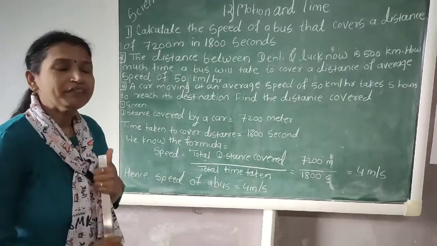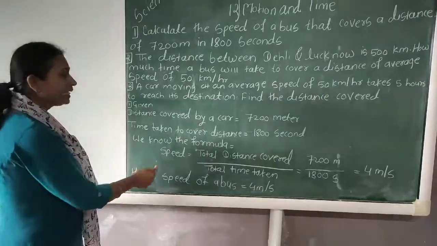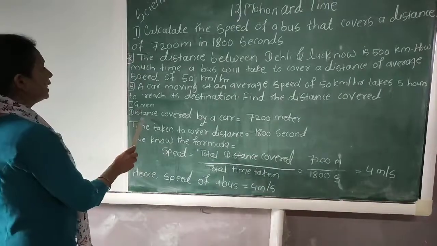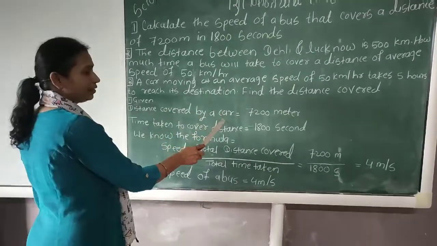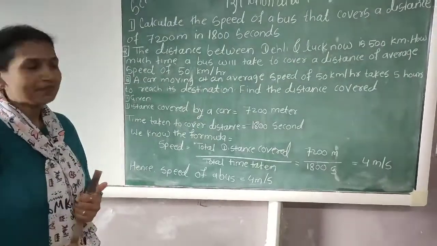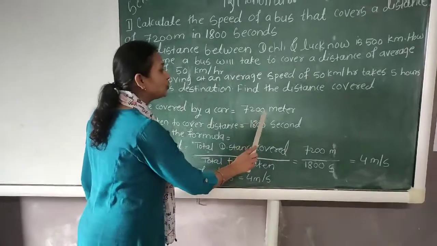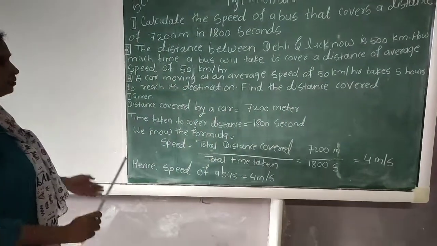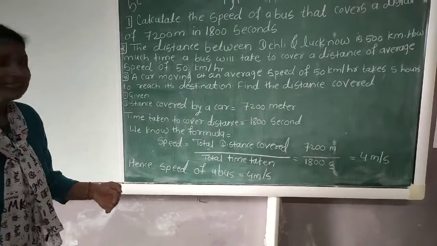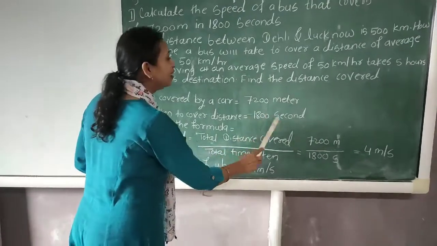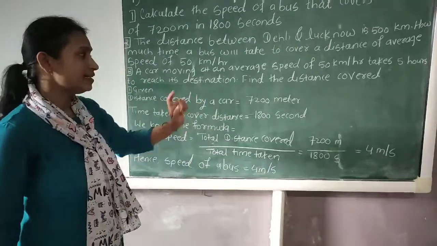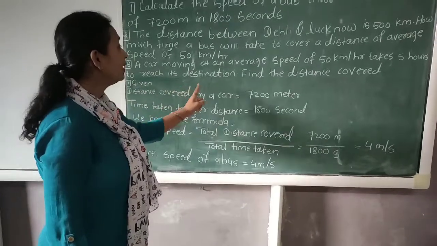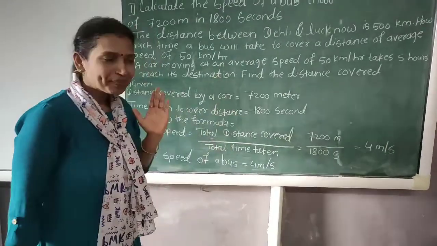Now first of all, we have to write down what is given. Distance covered by the car: 7200 meters. And how much time was taken for covering that distance? That is 1800 seconds. In 1800 seconds, the car has covered a distance of 7200 meters.